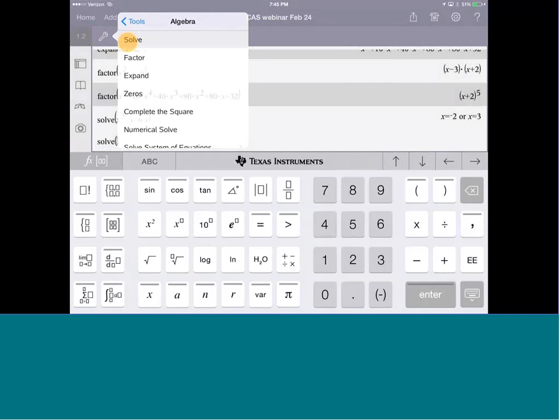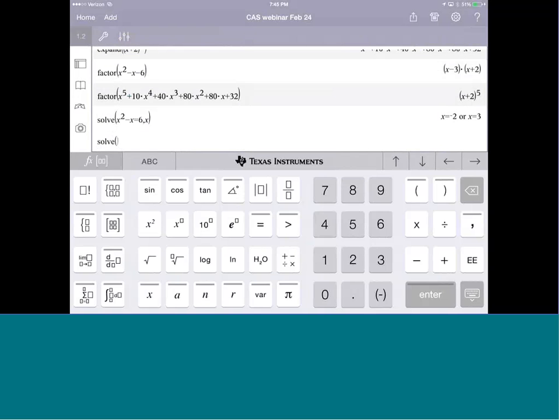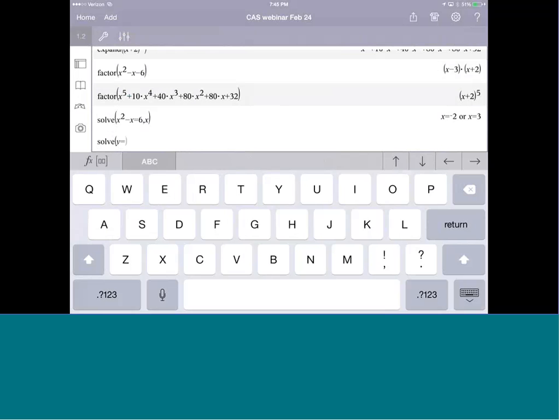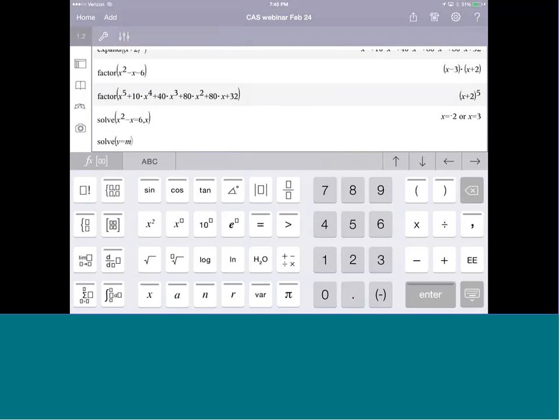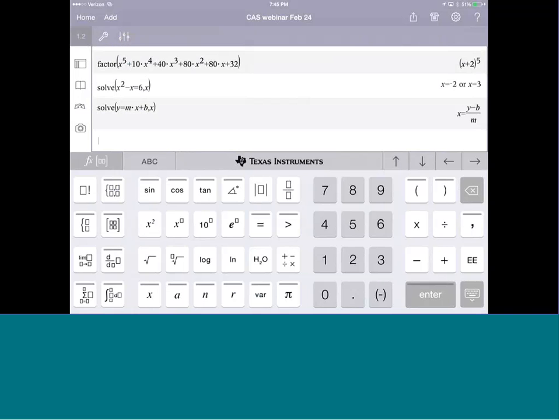So I'm going to solve, and notice I don't have a y here, so I'm going to tap on the x, and since it has a bar, I have these other variables available to me. So y equals, I don't think there's an m on here, so I'm going to need an m for slope, times x plus, and then b is above the a, if I remember correctly. And I'm going to solve that, comma, for x. And you can see it'll solve literal equations.